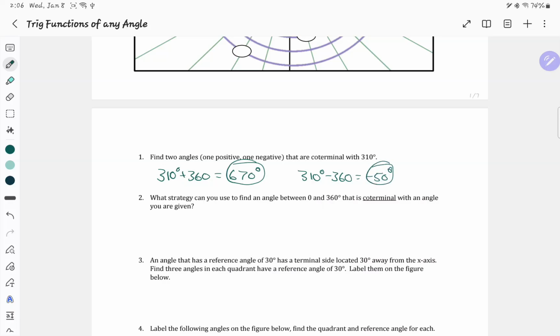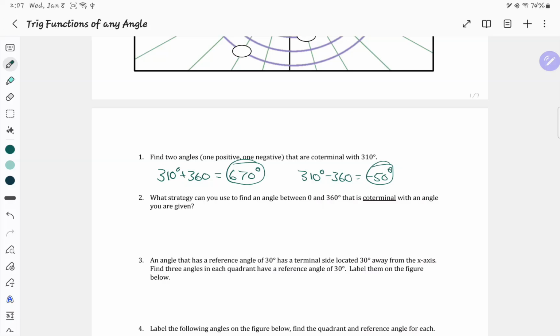And that'll be my negative angle that'll be coterminal with 310. So you can always just add or subtract 360 to get coterminal angles. Sometimes that'll be nice when we have very large angles. We can subtract 360 to get down to smaller ones, or if we have negative angles, we can always add 360 to get back up to positive ones.